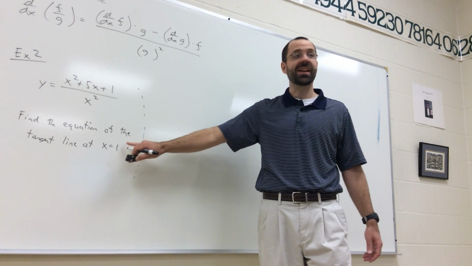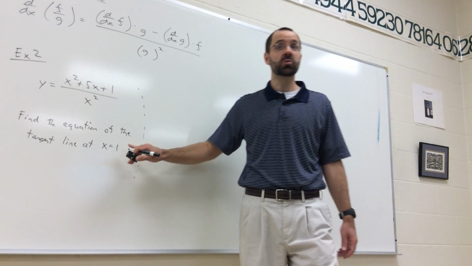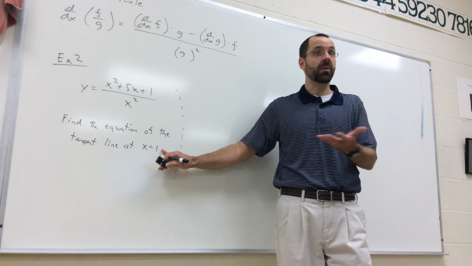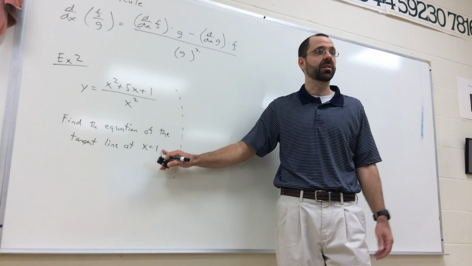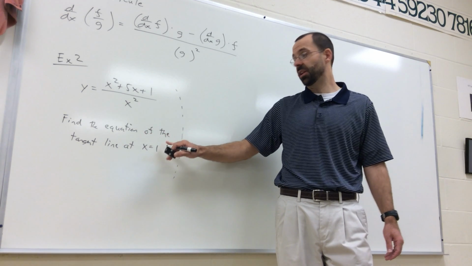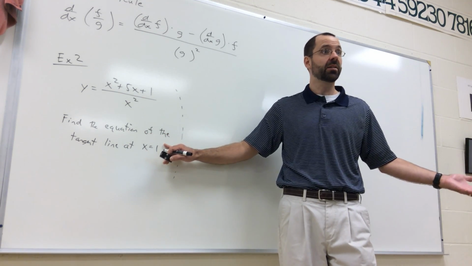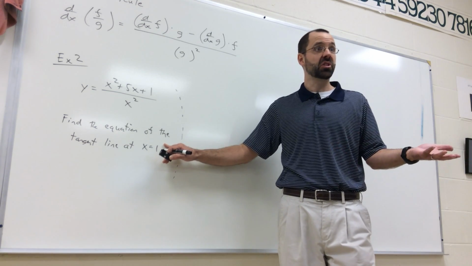This just happens to be a tangent line. So if you're going to use y equals mx plus b, you need to know what the slope is. Anytime you write the equation of a line, first job is to figure out what the slope of the line is. So how do you find the slope of a tangent line? You take the derivative, right? Because the derivative is the equation that'll output the slope for you.